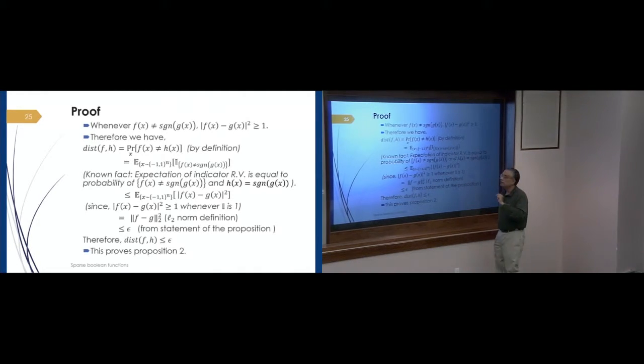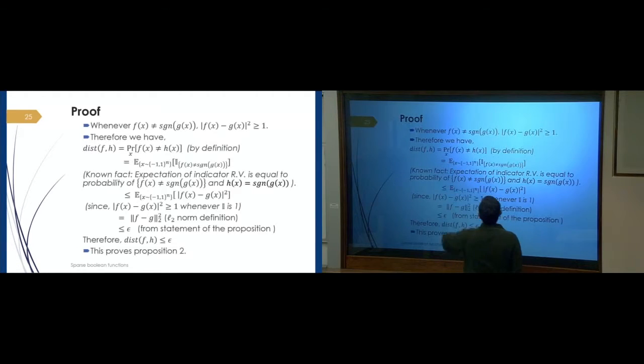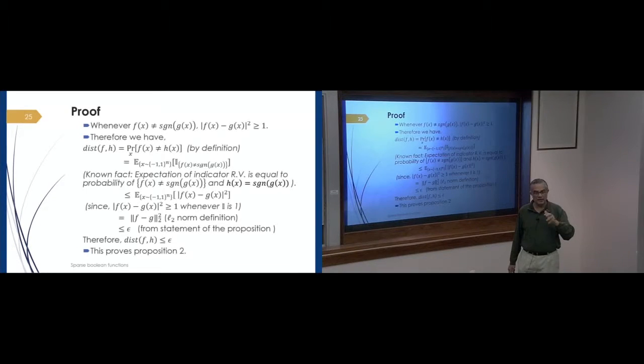What is the distance function as we defined it? It's the probability that f(x) is not equal to h(x). That's what we defined it to be some minutes ago. So that's the same as the expected value, drawn uniformly as before, of the indicator function of f(x) not equal to sign(g(x)). Because the indicator function, if you remember, is a function that takes on a value of 1 when some property holds and a 0 when it doesn't. So the indicator function is 1 when this assertion is true.